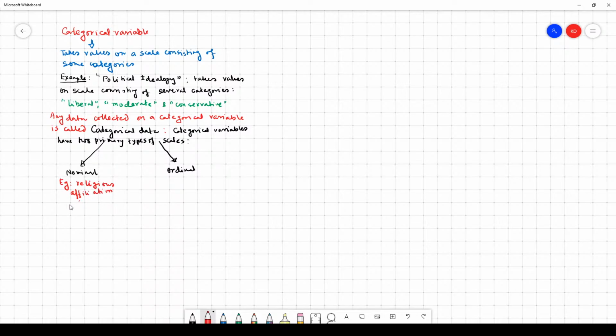It has categories: Hindu, Muslim, Catholic, Protestant, Jewish, and other.